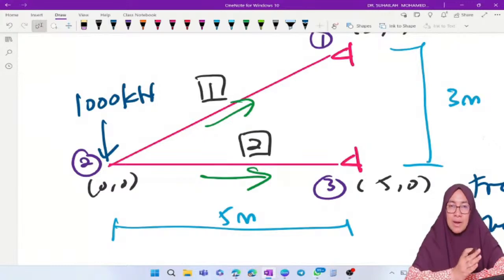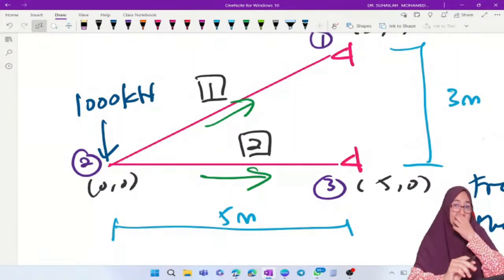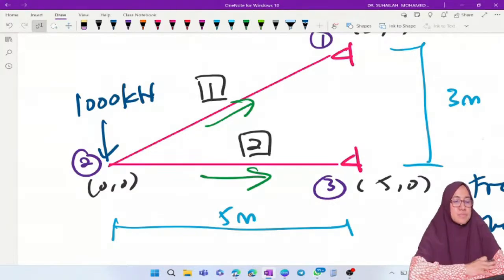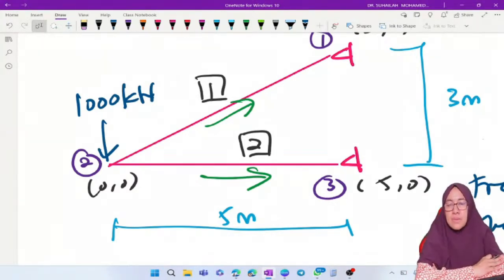What is the value of Q2? Can you write something in the live chat?